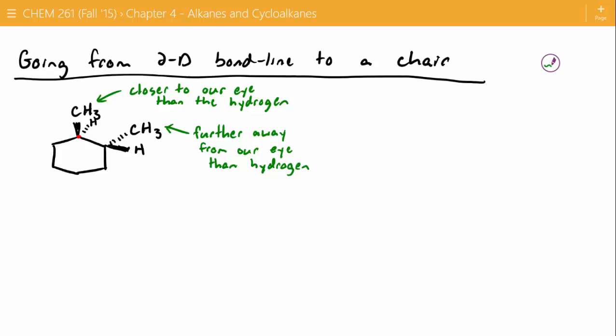And just for the sake of clarity, let's number our carbons so that we don't lose track of what's going on. I'm going to say carbon 1, 2, 3, 4, 5, 6 in our ring. So if we were going to name this, what would we name it using our IUPAC rules? 1,2-dimethylcyclohexane. Yeah, 1,2-dimethylcyclohexane. And we're going to come up with a little bit more descriptive naming terminology, but let's first draw the chair structure.